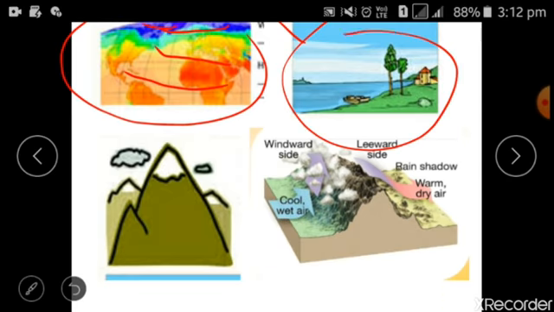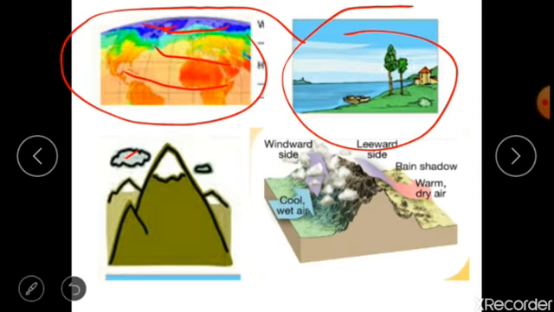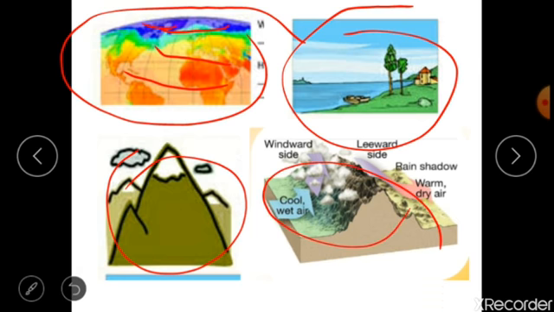This is an ocean or a sea, a mountain with snow on top. This is also a mountain. So yes, these are some of the factors that influence or affect the climate of a region.